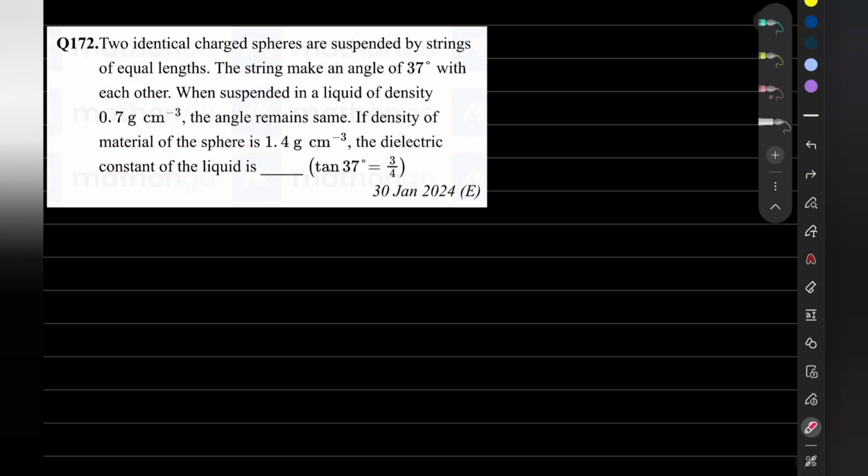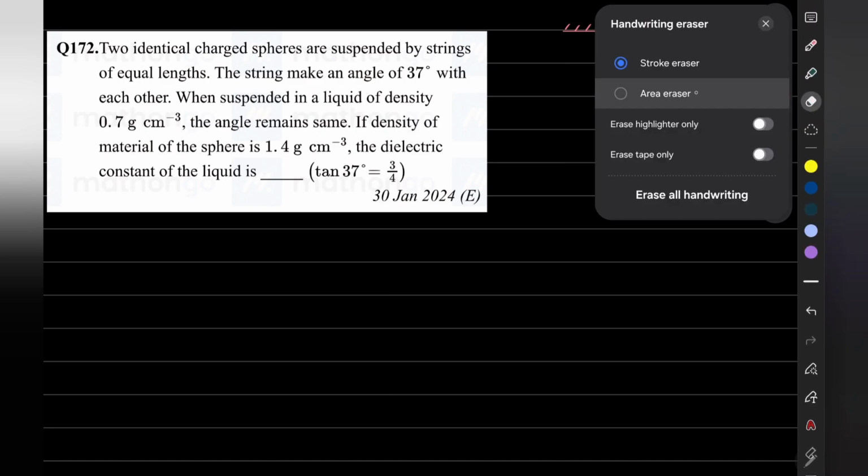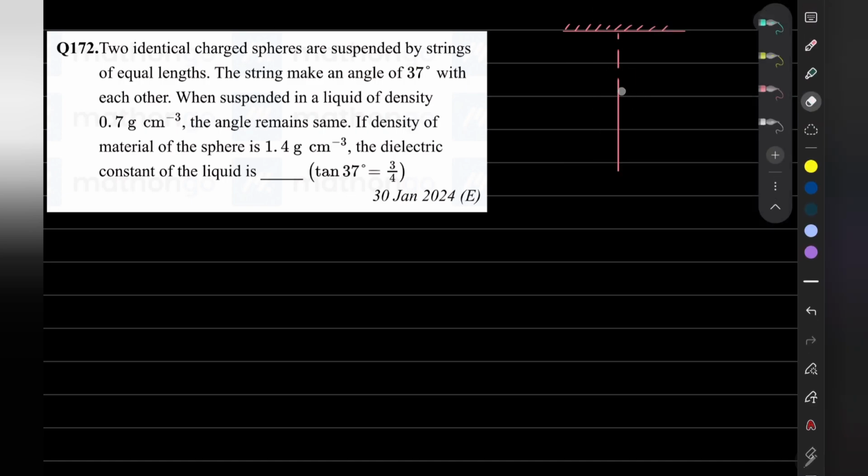So basically in this question, we have two identical charged spheres. Let's draw their diagram. Suppose this is the support from where the two spheres are suspended. I will take this as a reference line and draw the diagram of the two spheres.